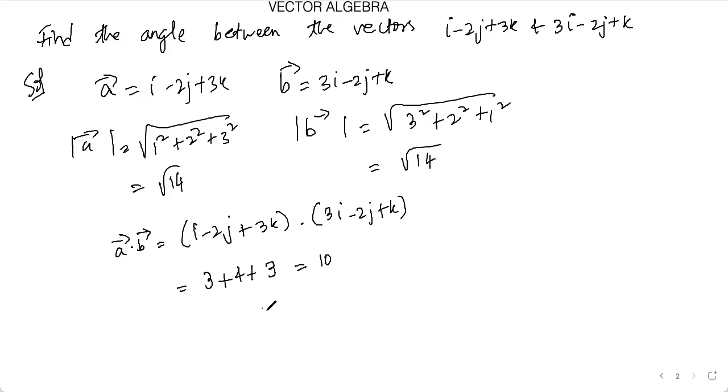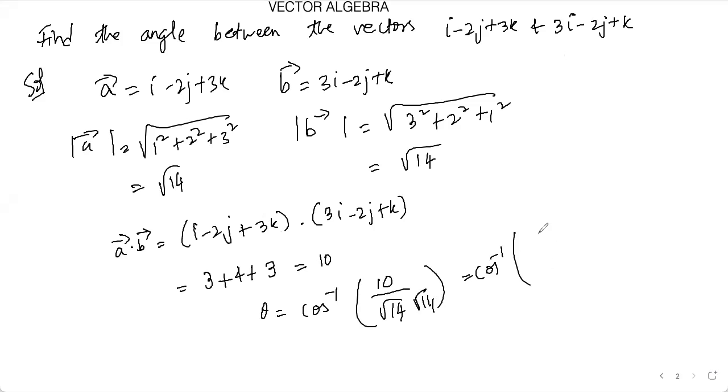So theta, which is cos inverse, that is 10 by root 14 into root 14, which is nothing but 10 by 14, which is equal to cos inverse 5 by 7. So this is the final answer.